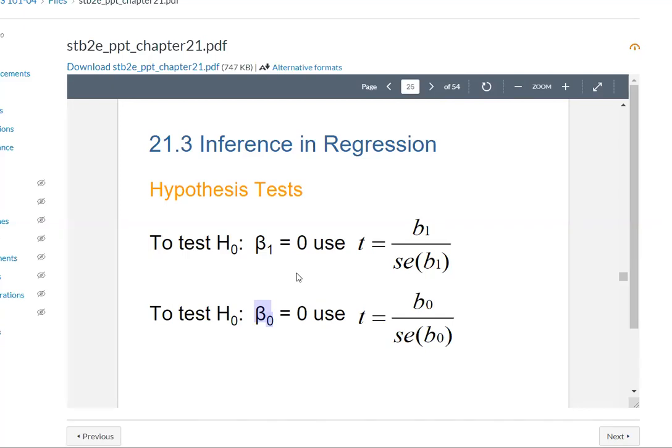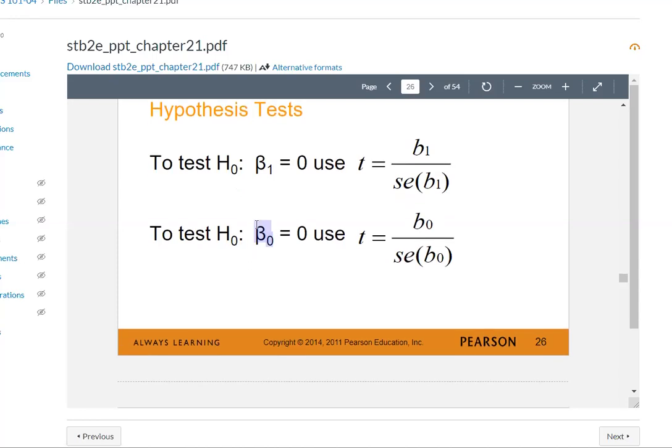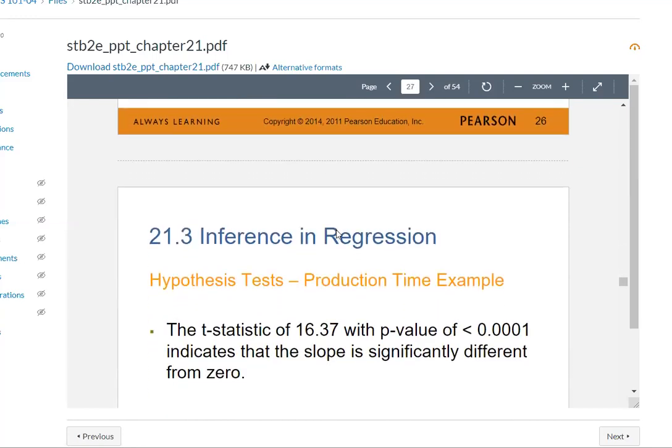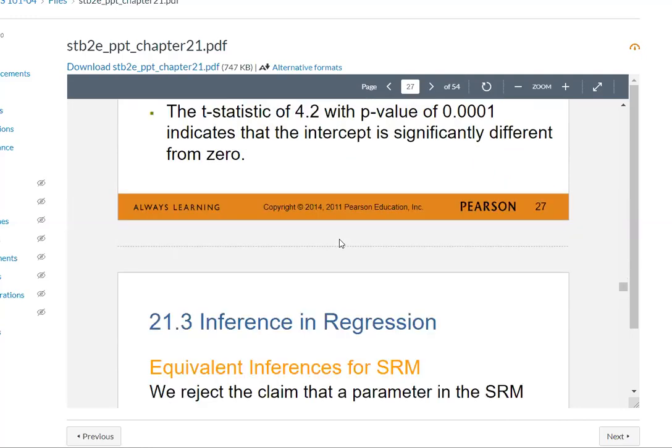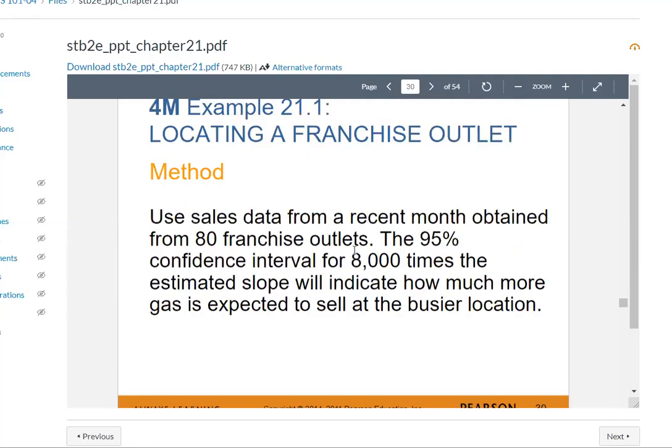That's the hypothesis for the slope. You want to see that the slope is significantly non-zero. The same goes with the intercept. Remember, beta 0 equal to 0 for H0 is testing the intercept. Beta 1 is testing the slope. These are just repeats of what I just said.